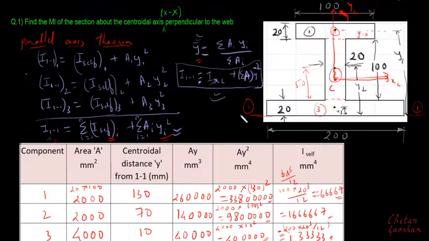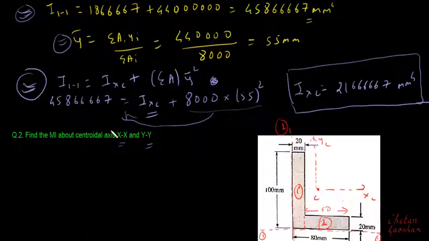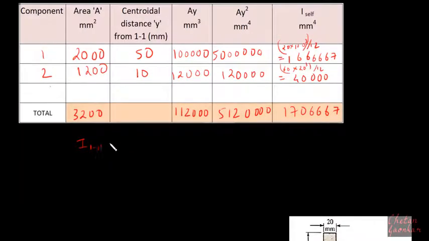Once I get all these quantities, now we need to find the moment of inertia about the axis 1 1, which can be found using this formula. That is, I11 is the summation of I self plus summation of area into y square.